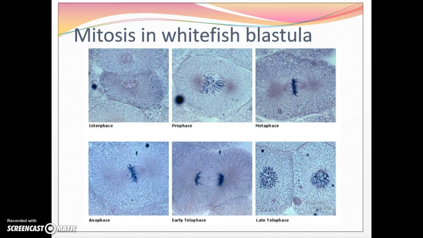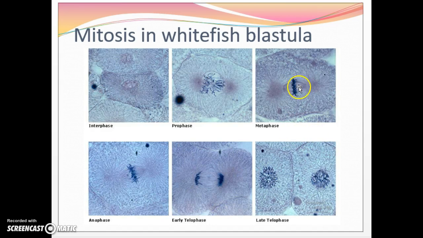This picture is showing you actual photographs of the different steps of mitosis. We have interphase here, and then prophase there. Notice the difference between the condensed chromosomes and the loose ones. We have the actual condensation of our chromosomes, that real tightening up that now makes them visible.